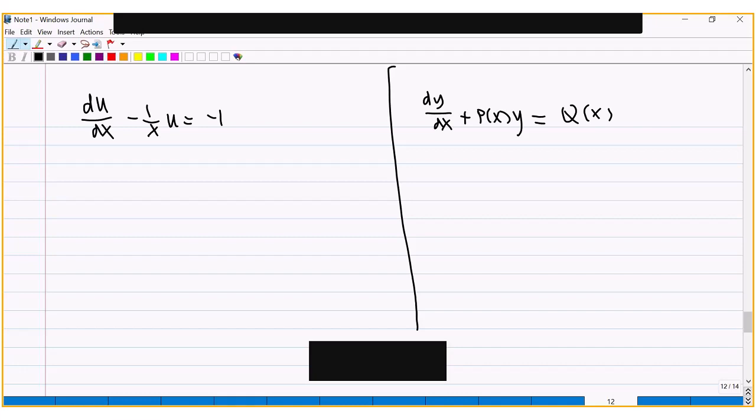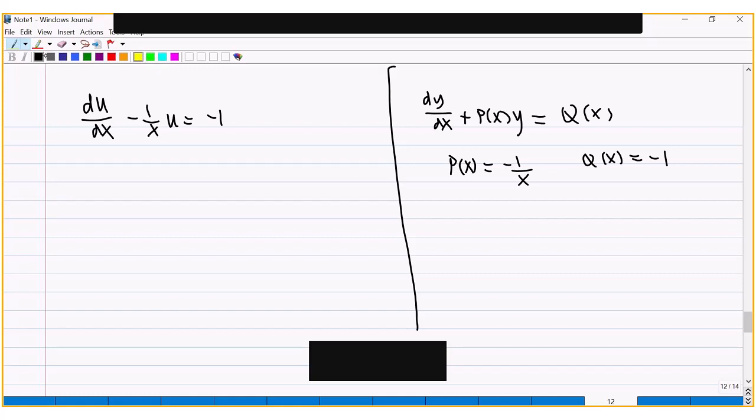By comparison, your y is u now, and P(x) is equal to minus 1 over x, Q(x) equal to minus 1.